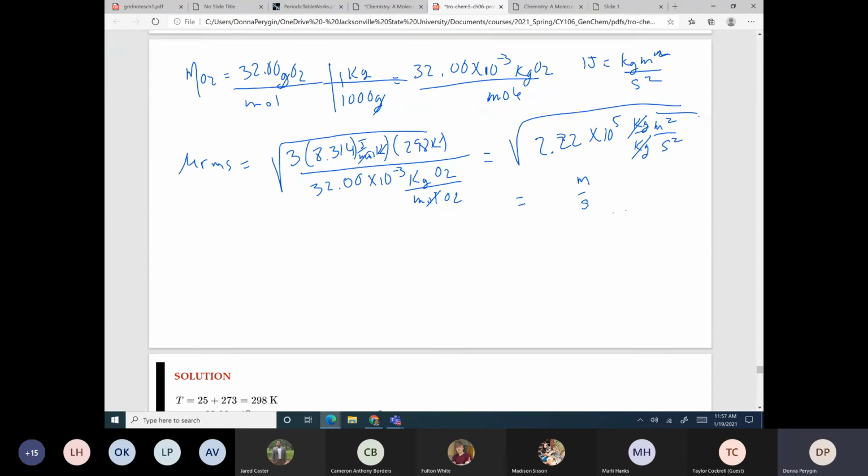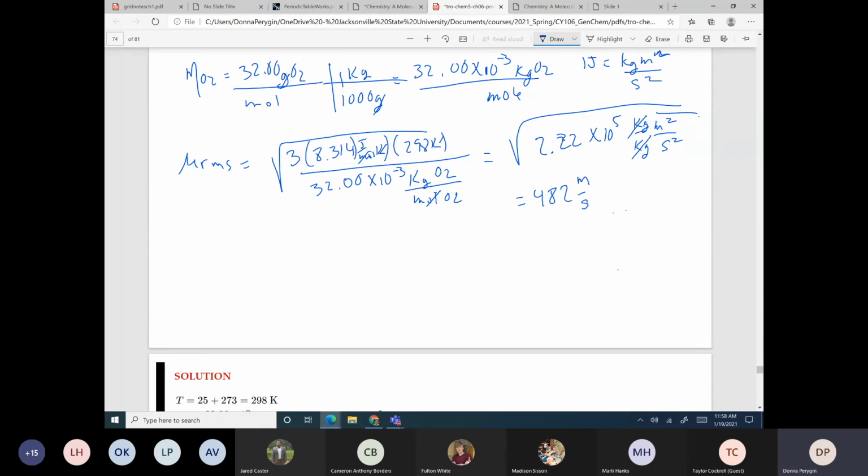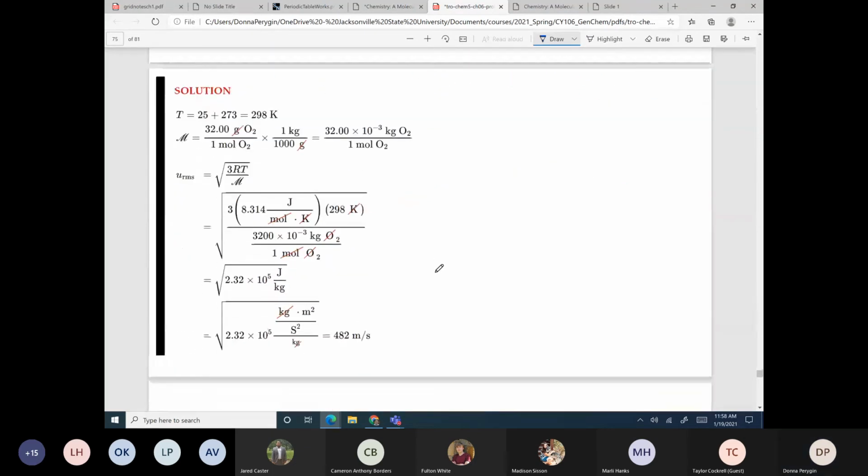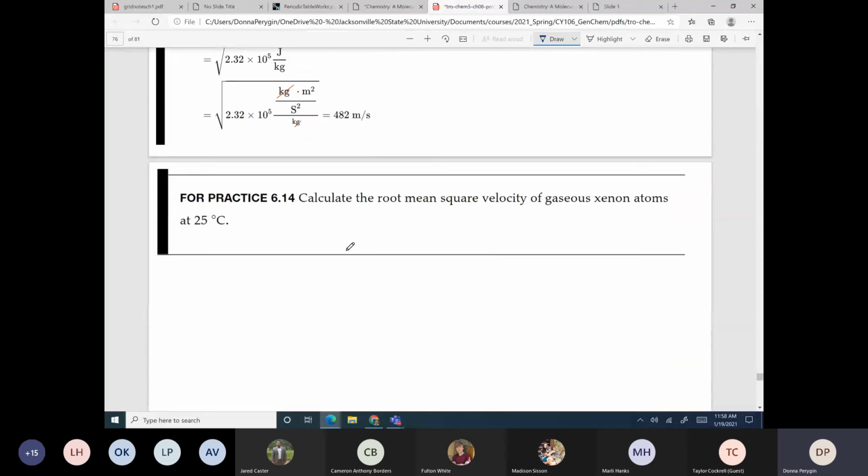So that's kilogram meter squared per kilogram second squared. So that gives us 482 meters per second. So I'm sorry, I copied the number down wrong. But I had the units correct. All right, so I copied off of the wrong problem.